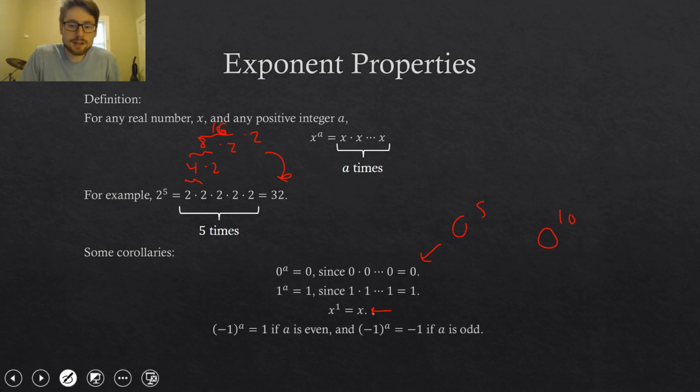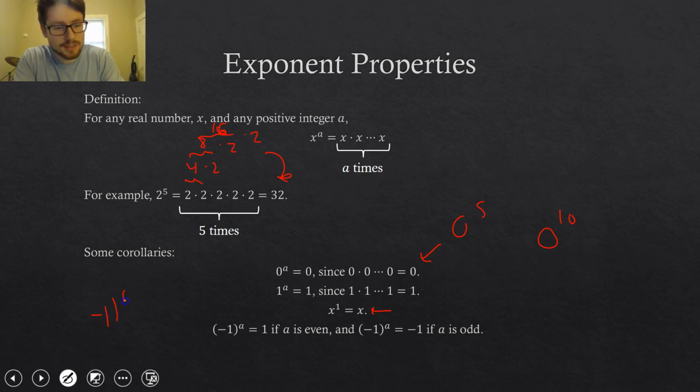And then a trickier one is, what happens when you raise negative 1 to a power? Well, it flips back and forth between positive and negative, depending on the number of times you multiply it. So if you have an even power for negative 1, you get a positive 1 answer. If you have an odd power for negative 1, you get a negative 1 answer. And that should make sense, right?